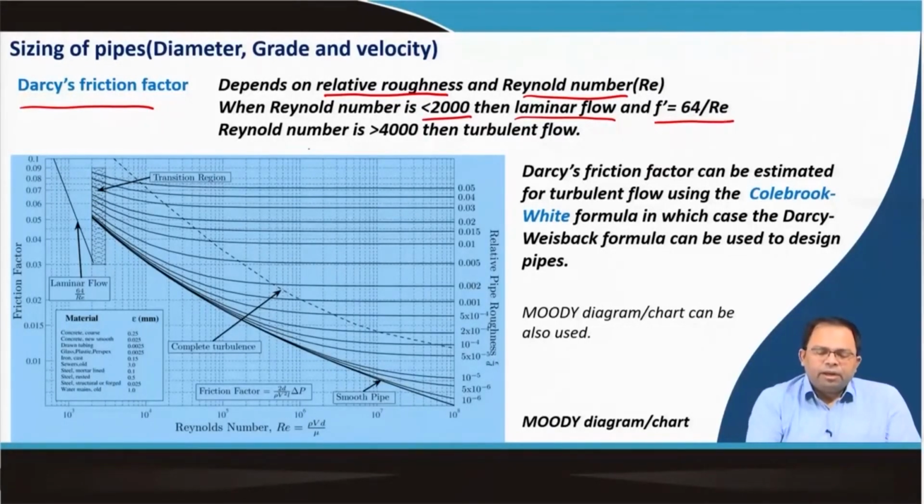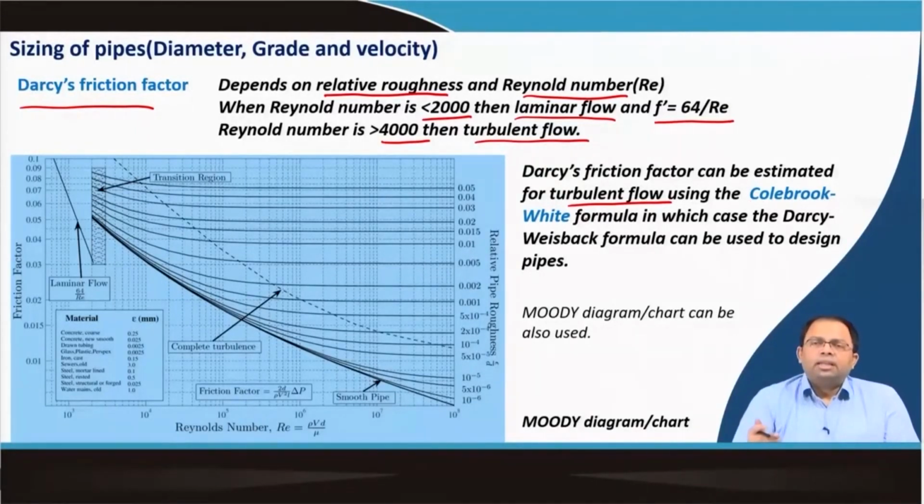And if Reynolds number is greater than 4000, then we can assume it is a turbulent flow inside a pipeline, which in most cases it is. Accordingly, we can choose F dash values, which for turbulent flow can be estimated using another equation, the Colebrook-White formula.